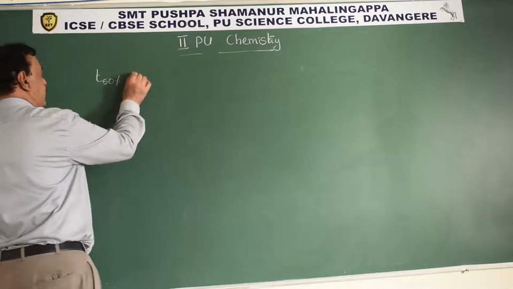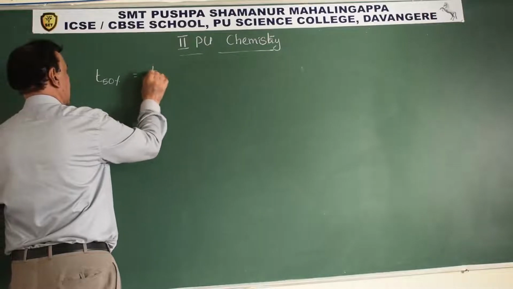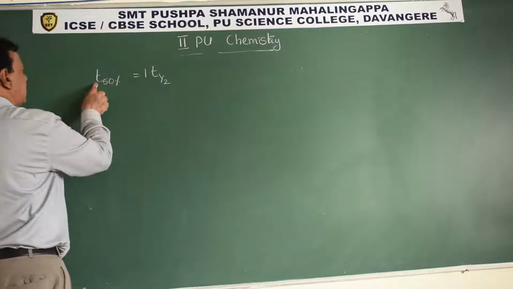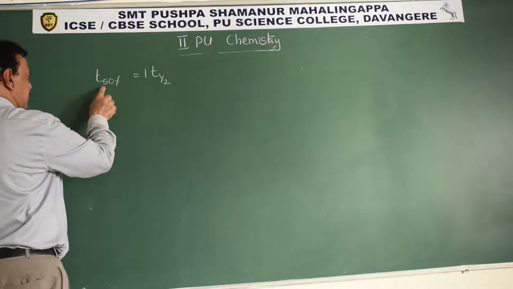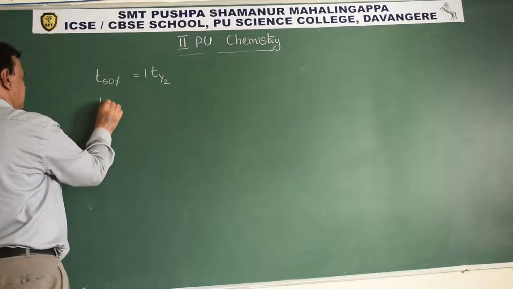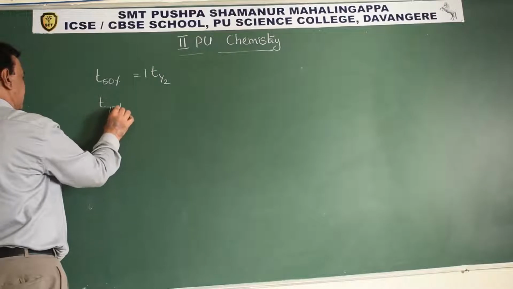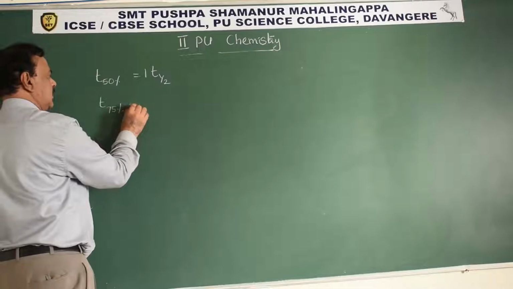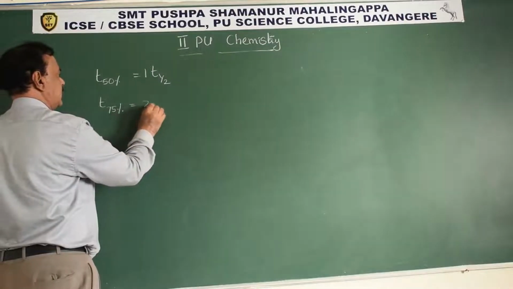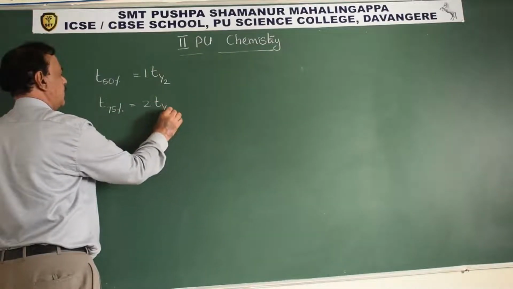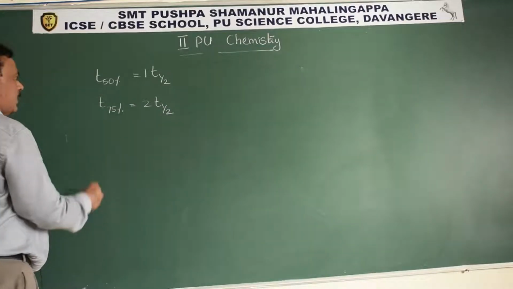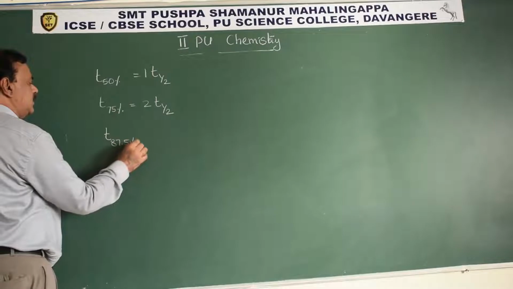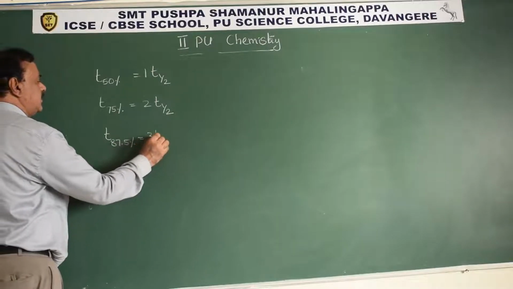T 50% is equal to 1 times T half. If a problem mentions 50% completion of the chemical reaction, it is one half-life. T 75%, the time required to complete 75% of the reactant, means 2 half-life periods. T 87.5% is 3 times the half-life period.